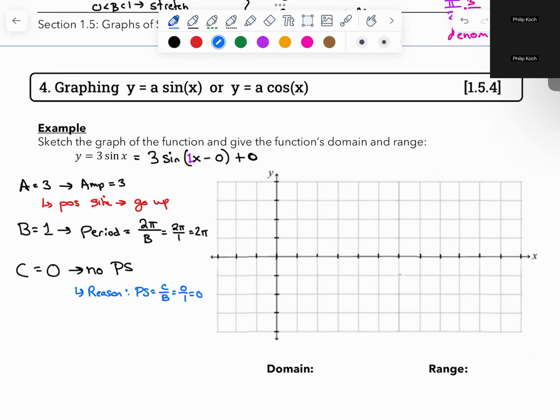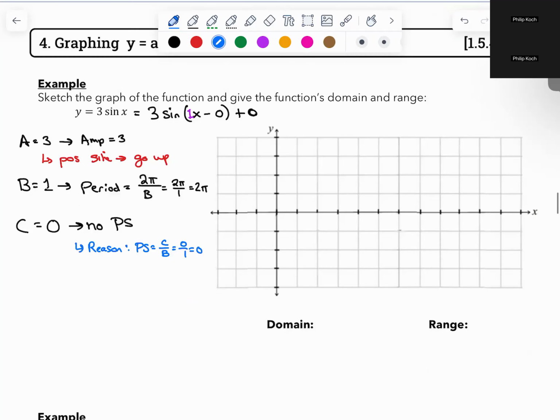I think about it as a linear transformation: if I don't have a number being added or subtracted, it's not going to move left or right. And last but not least, D is also 0. So that means no vertical shift, or vert shift.